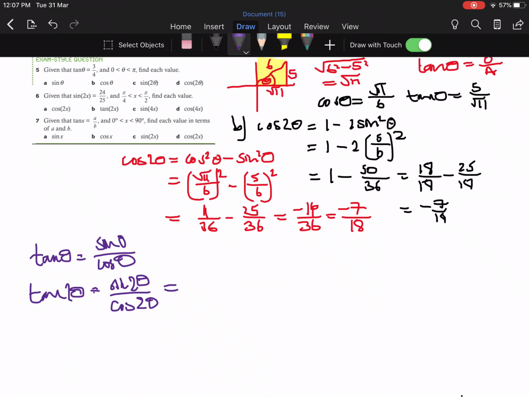Now, if you calculate A correctly, you should know that sine 2 theta is equal to 2 sine theta cos theta. So you can work that out because you know sine theta and you know cos theta. And we also know that cos 2 theta is negative 7 over 18.